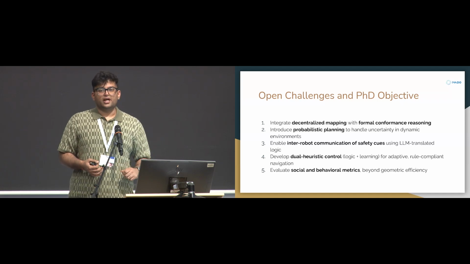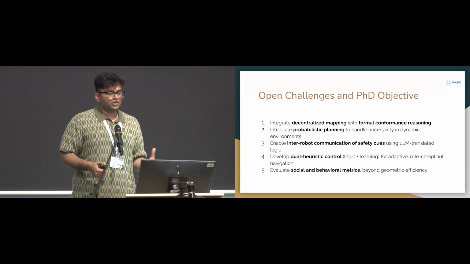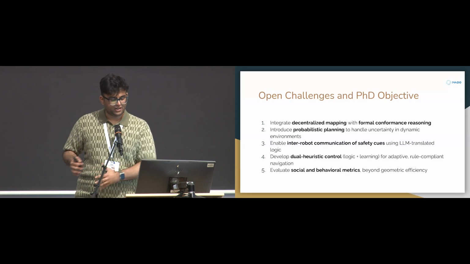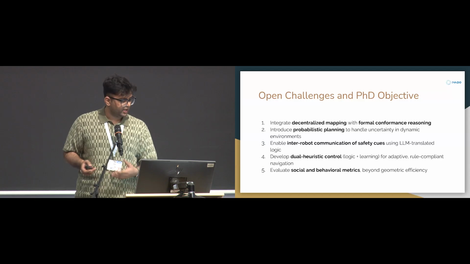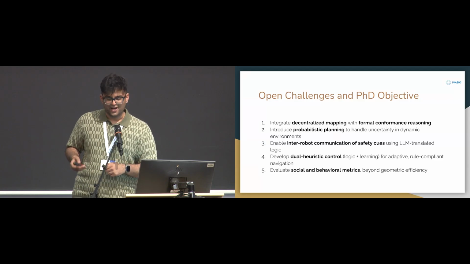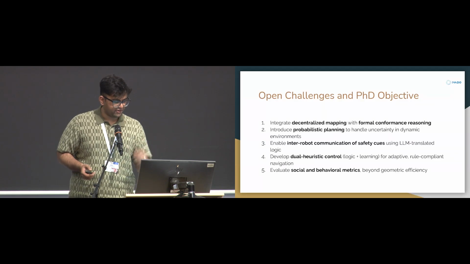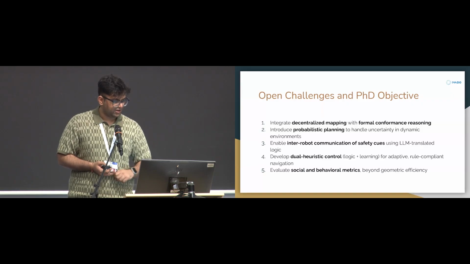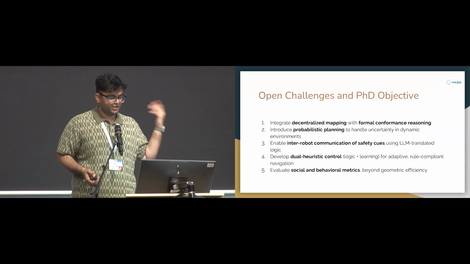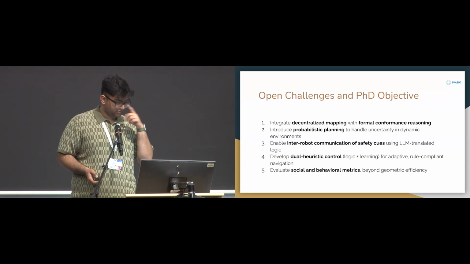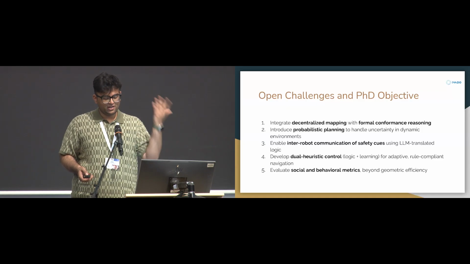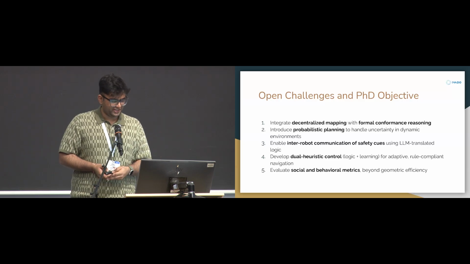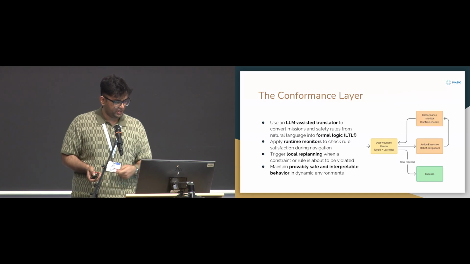That means that the robot, instead of following strict solid rules, will be able to handle dynamic planning. And finally, all this will be done using a dual heuristic planning, which will be training on our own data set as we go.